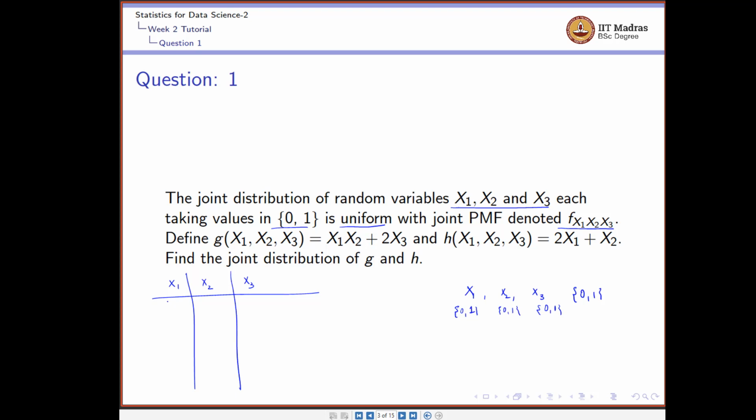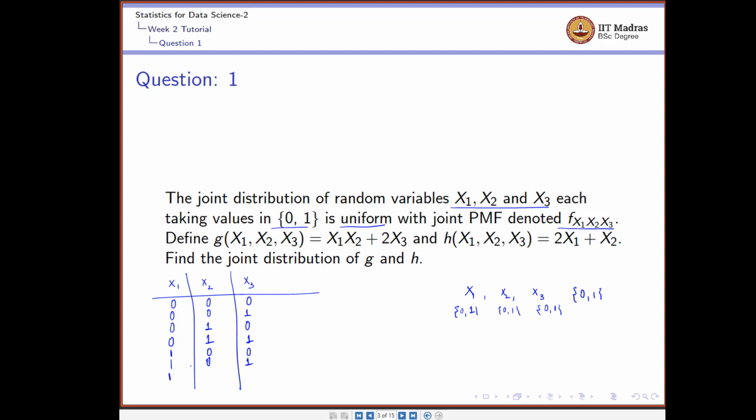So if x1 is taking the value 0, x2 can also take the value 0, x3 can also take the value 0. Similarly, x1 0, x2 0, x3 1; x1 0, x2 1, x3 0; x1 0, x2 1, x3 1; x1 1, x2 0, x3 0; x1 1, x2 0 and x3 1.